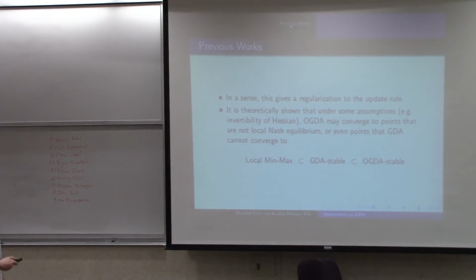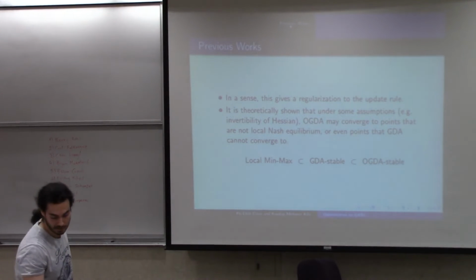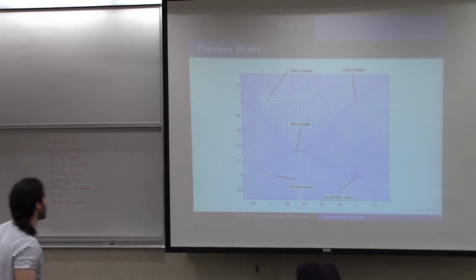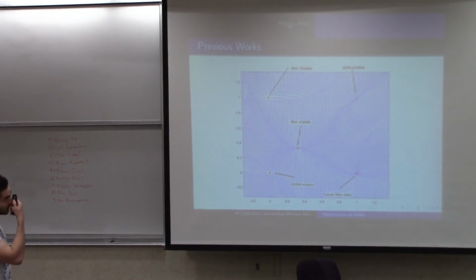Due to the change of the dynamics, the points that this optimistic gradient descent algorithm converges to change, and under some assumptions, it is proven that the local minimum maximum points are a subset of gradient descent stable points, and this set is also a subset of the optimistic version of the gradient descent stable points. And this is a visualization.